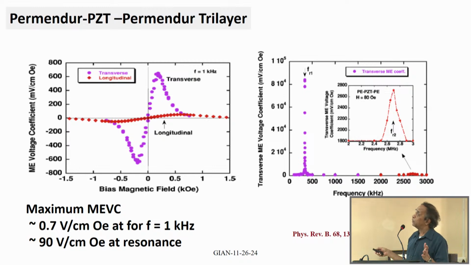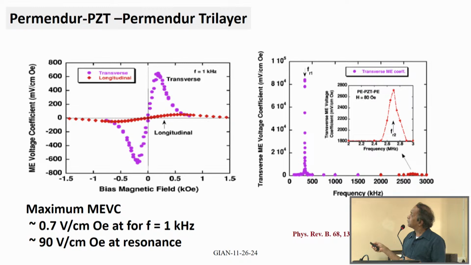So, it is comparable to nickel that we just saw, and I believe this must be the thickness mode, and this resonance is at around 2.7 megahertz. Thickness is small, so smaller the dimension, higher the resonance frequency. That is what you see. Okay. And the values are also quite good. It is around 25 volts per centimeter Ørsted. That is okay.